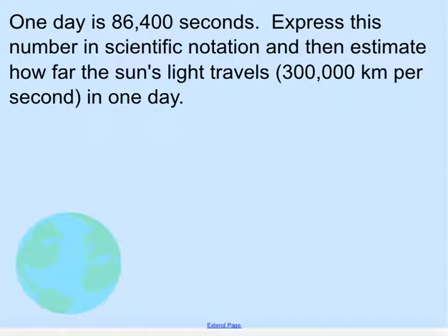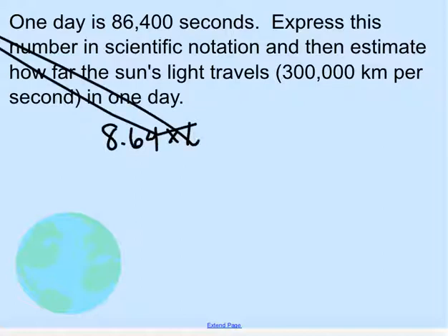And last example here, one day is 86,400 seconds. Express this number in scientific notation and then estimate how far the sun's light travels in one day. So 1 day is 8.64 times 10 to the 4th seconds.